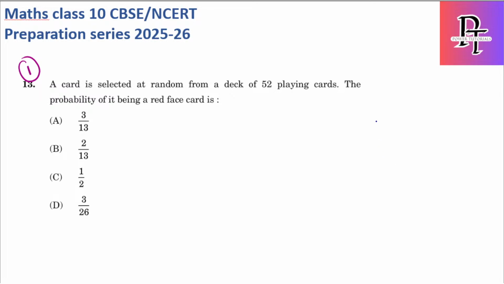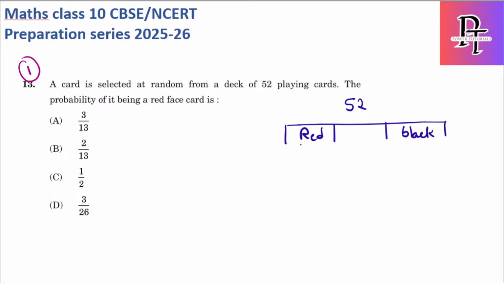For this we need to remember the cards concept. In total we have 52 cards, out of which half belong to red cards and half belong to black cards.